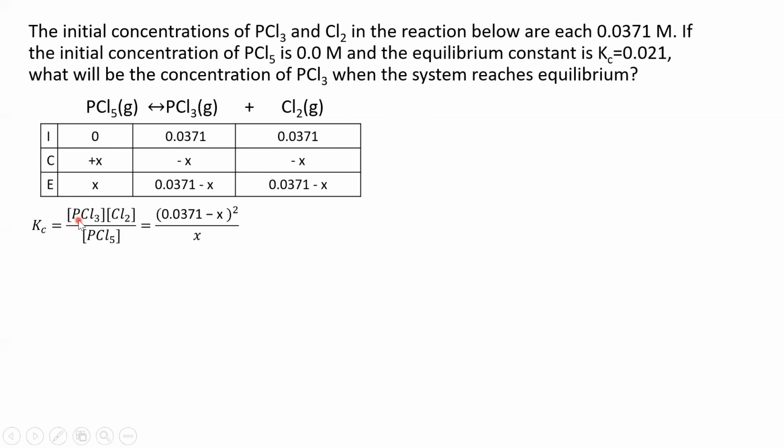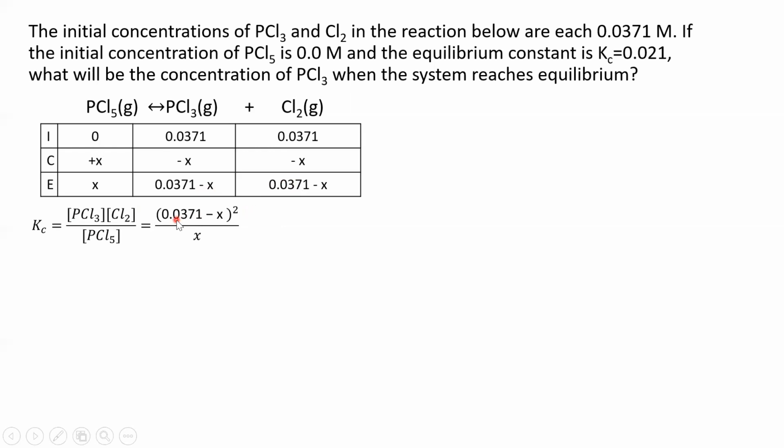Okay, so [PCl3][Cl2] over [PCl5] equals K. Now, you could write 0.0371 minus X times 0.0371 minus X, but because these values are equal to each other, I'm just going to write them once and square it.